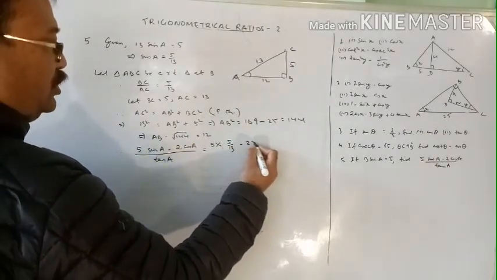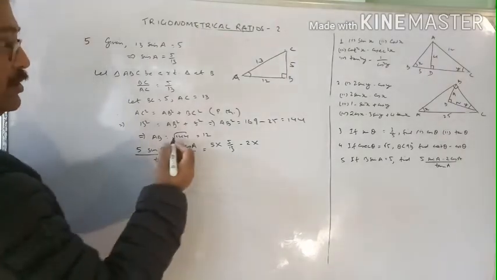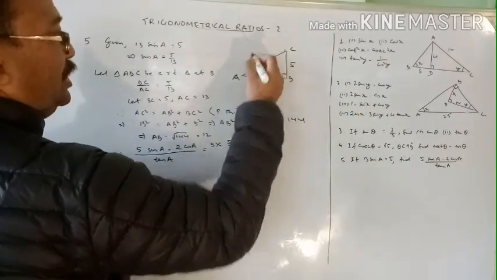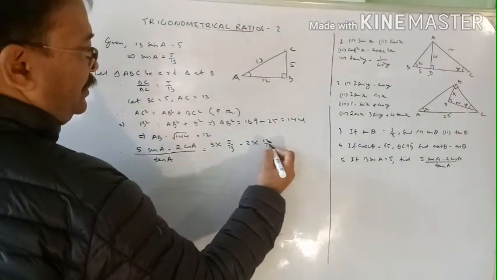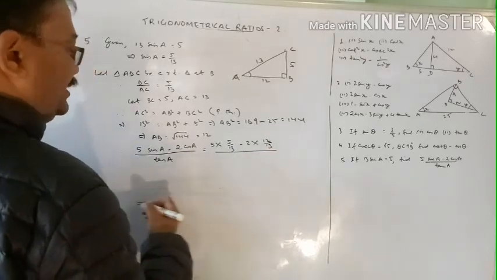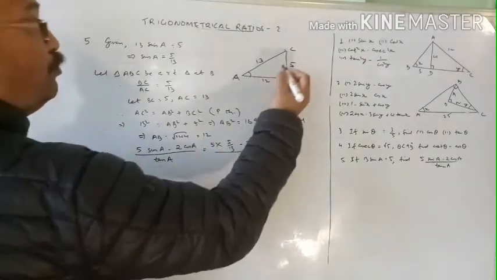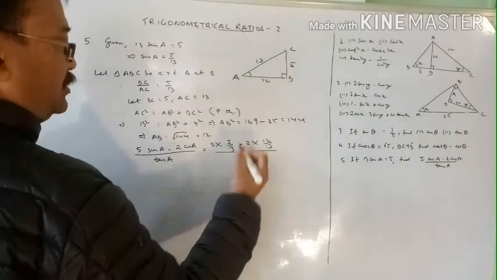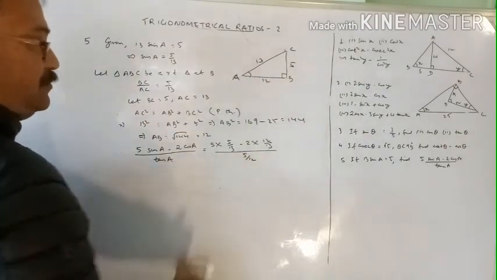Then minus 2 into cos, which is B by H, 12 by 13, upon tan, which is P by B, so 5 by 12.